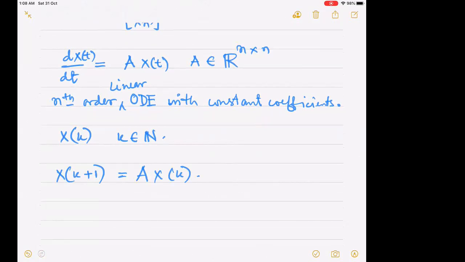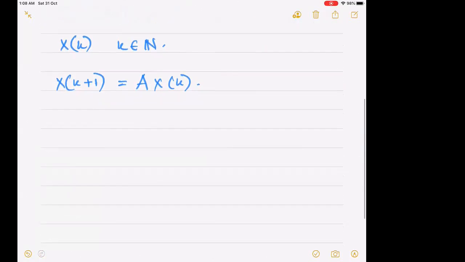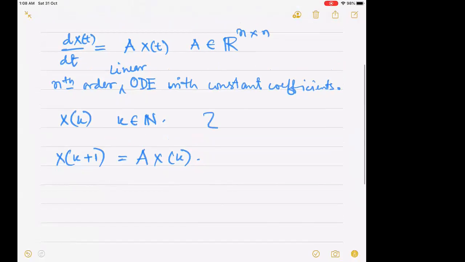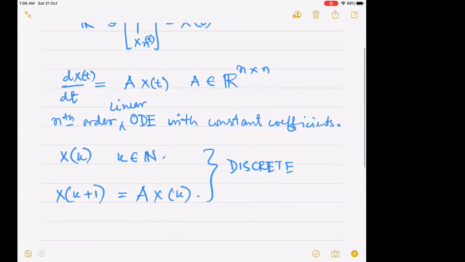What we mean by saying that we would like to solve this equation is, so this is discrete, and this of course is continuous.